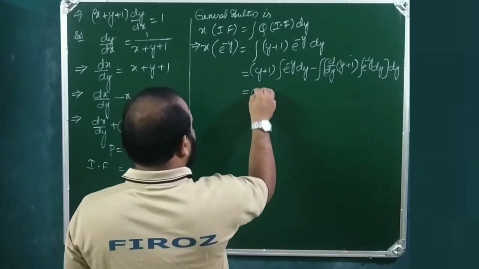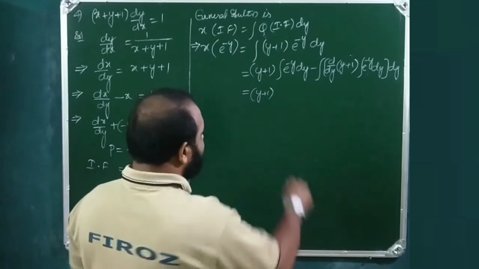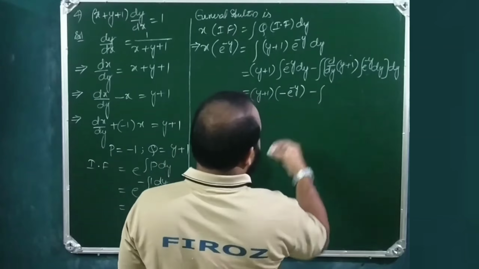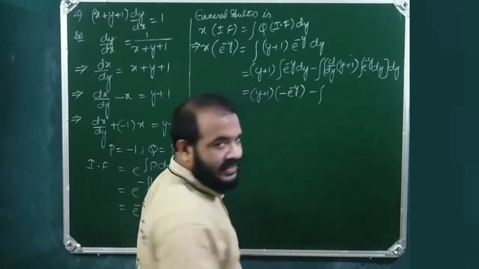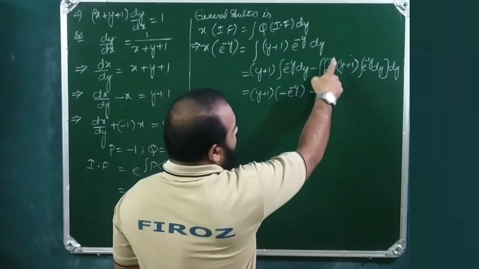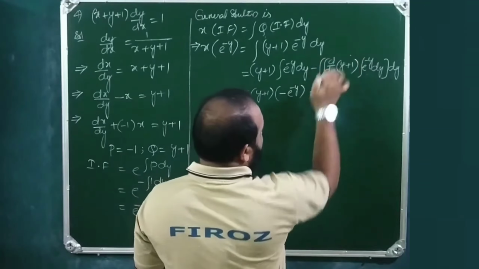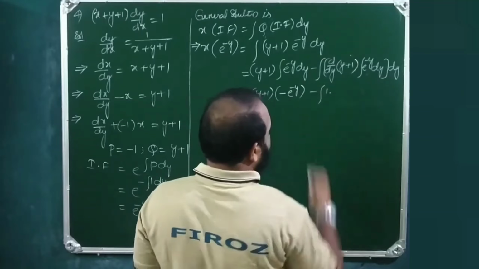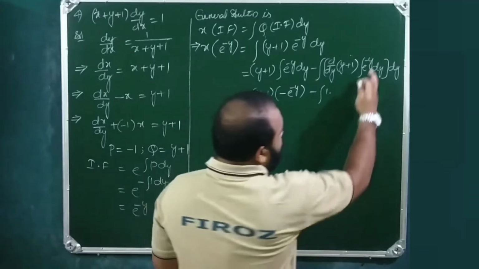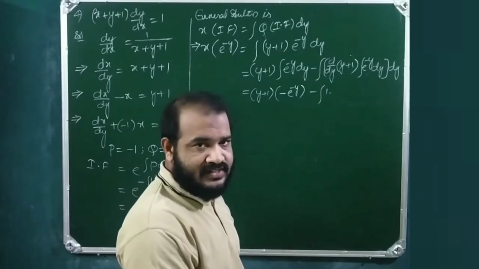This is equal to y plus 1 into integral of e power minus y, which is minus e power minus y, minus integral of d by dy of y plus 1. d by dy of y is 1, plus d by dy of 1, which is a constant, 0. So totally 1. Integral of e power minus y: let us suppose this minus y to be y only. Integral e power y is e power y itself.